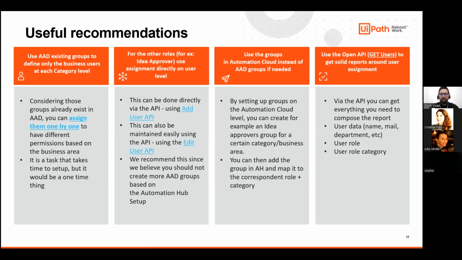So imagine that you define a finance group and you add everybody from finance, but maybe you want also the head of RPA to be in that specific group. You don't need to modify your AAD group. You can just add it at the automation cloud level, and that's it, besides the finance group from AAD.